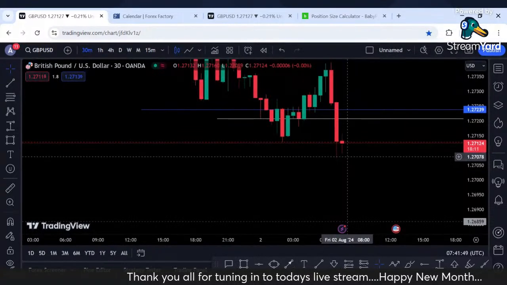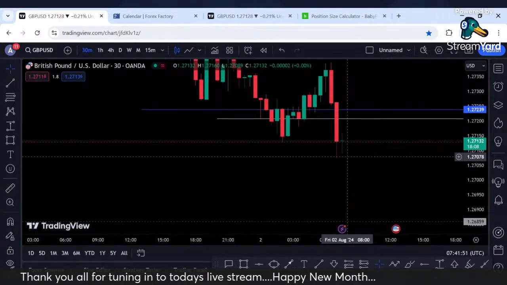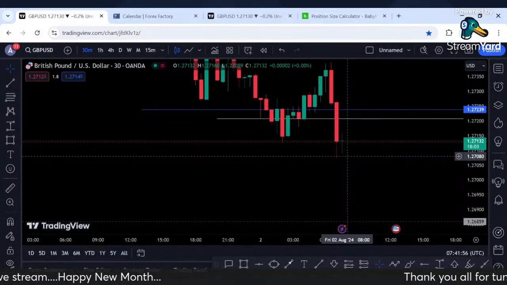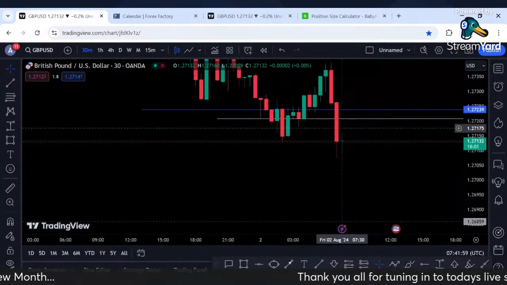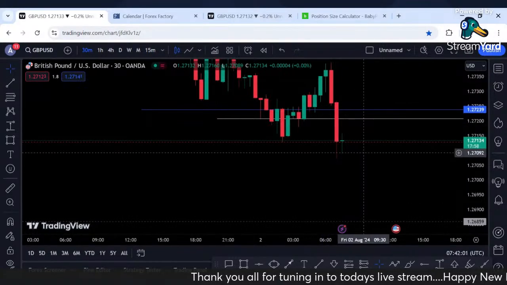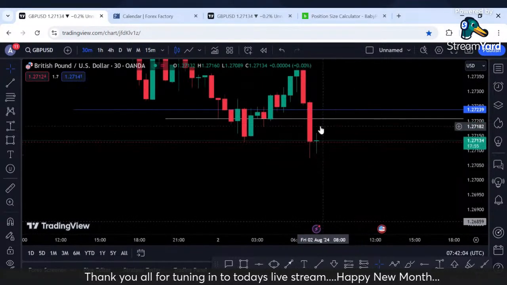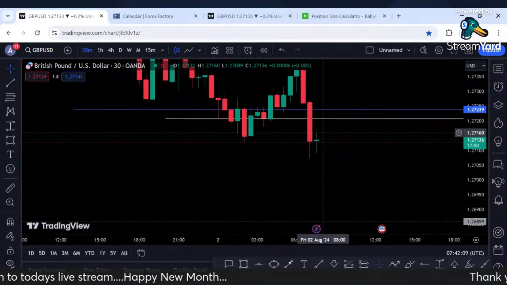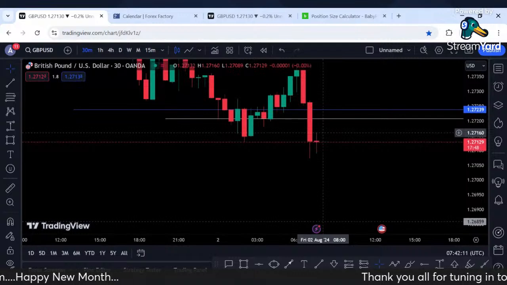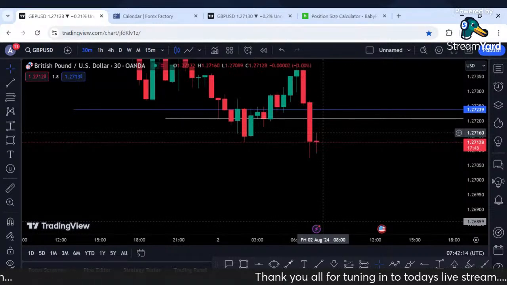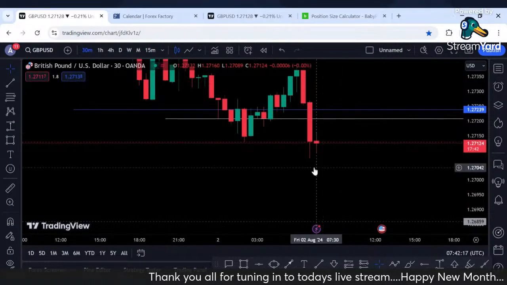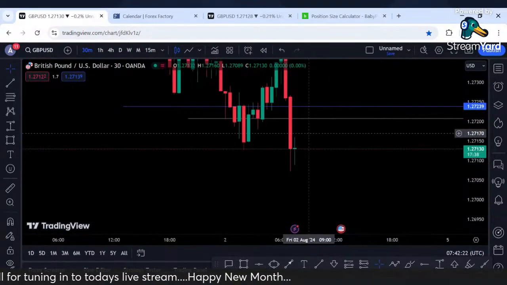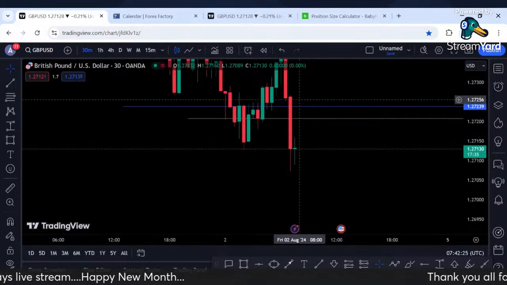We shouldn't take the sell when it's flipped. We should wait. Let's wait for the 30-minute candle to close.